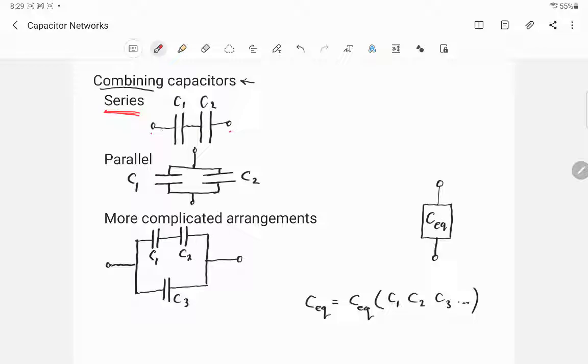If you start at the beginning and walk along this wire, you must traverse one of the capacitors before the other. That's what's meant by series: while you go from one end to the other, you have no choice, but in order to get to the second capacitor, you have to walk across the first one. So they come in series.